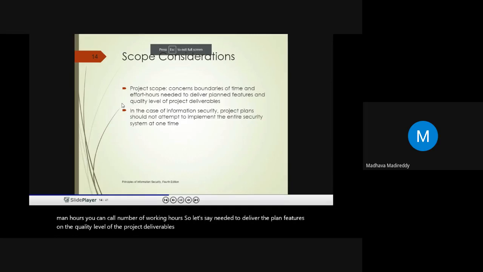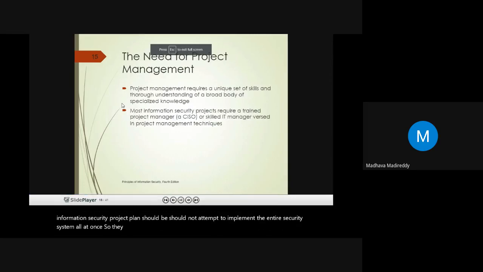When you are expecting to have a deliverable, what is the level of quality, do you want it to be of high standard? That is also an important element in determining the scope of the project. In the case of information security, the project plan should not attempt to implement the entire security system all at once, so they need to break it down.